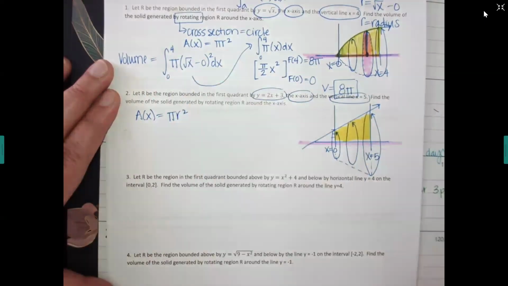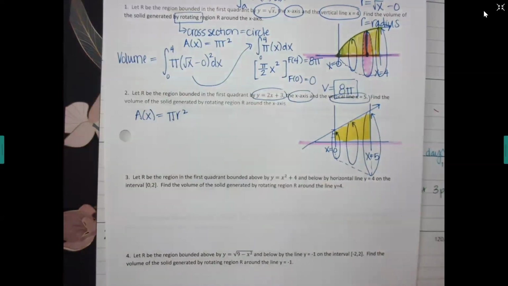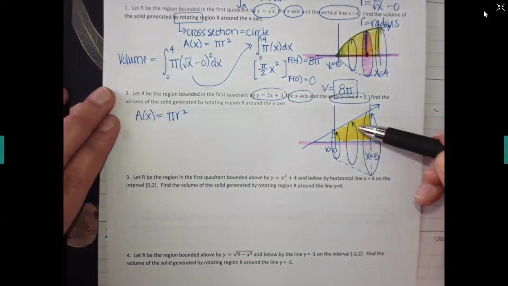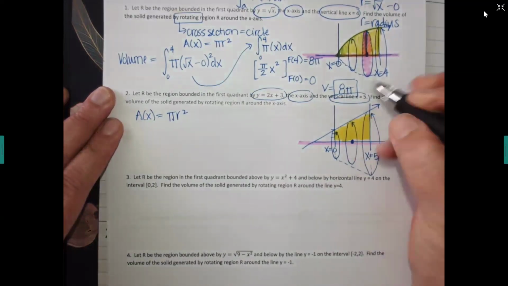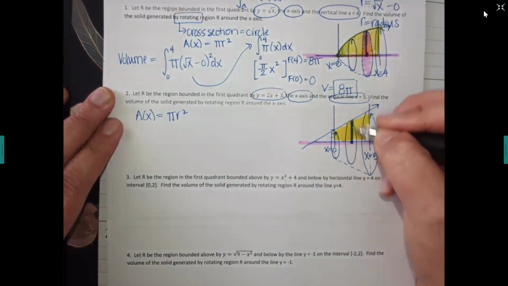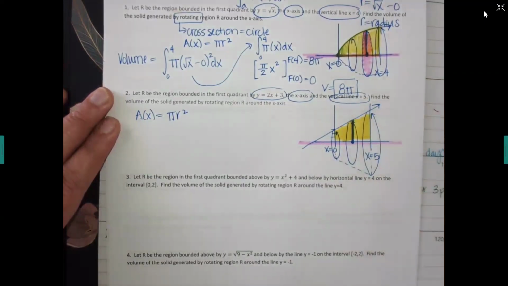And then the only question is, what am I going to use for my radius? So in this case, you would draw it in. If this is my circle, my radius should run from the center of the circle to the edge of the circle. And then remember, just do top minus bottom because it's running this way.